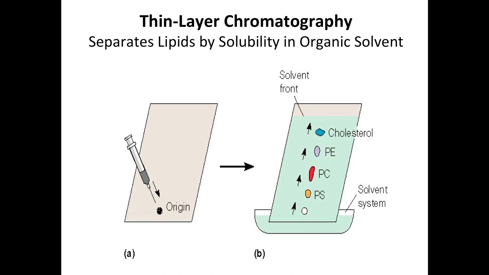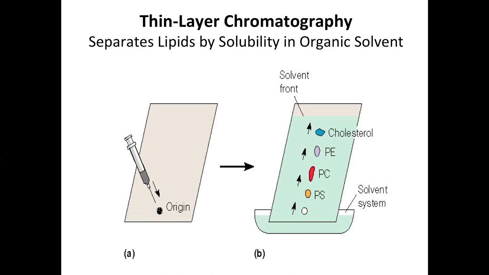And you put the whole glass plate or plastic sheet into a solvent. The solvent usually is an organic solvent, a hydrophobic solvent. Then you wait for the solvent to move through capillary action up the plate. If you look at the chromatogram here, you can see cholesterol, PE, PC, PS.